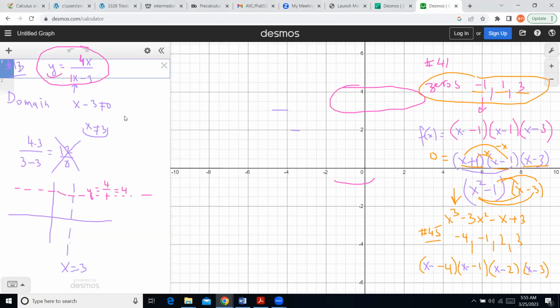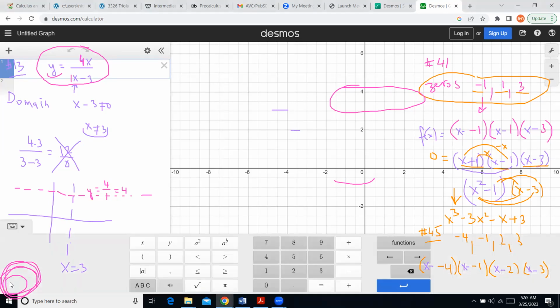And I think that's a good deal. So in order to use it, I just need to click here on the lower left corner where the keyboard is. So I just click on it and get the ability to enter my functions in it.